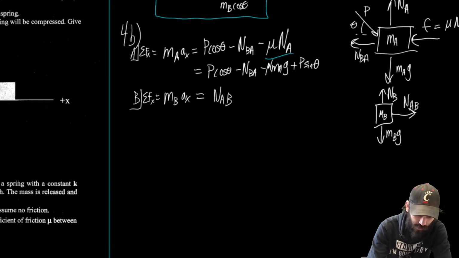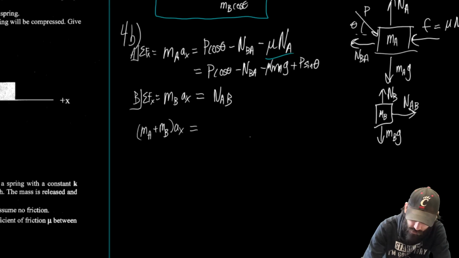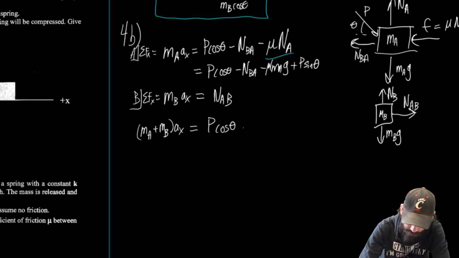So again, what we're going to do is just add these equations together. This ends up saying that (mA plus mB) times Ax is going to be equal to P cosine of theta minus mu times P sine of theta minus mu mA g, okay?